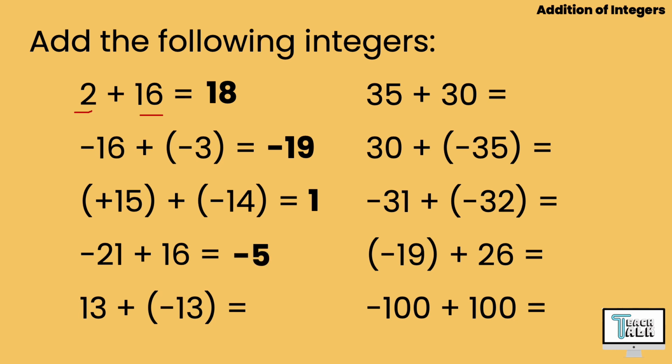Let's have number 5. 13 plus negative 13. Ano yung ating case dito? Same signs ba or different signs? Different signs kasi positive si 13, negative si 13. Now, kapag different signs, copy the sign of the bigger number, right?